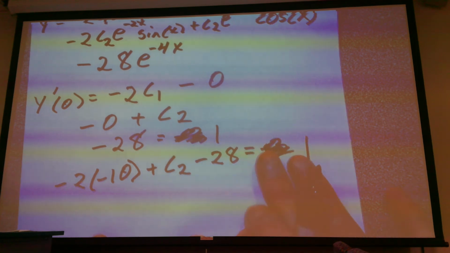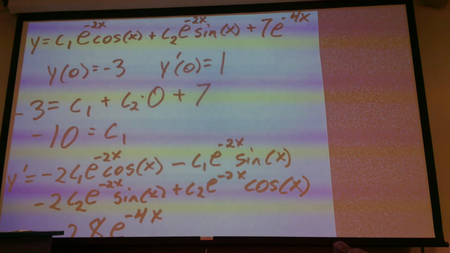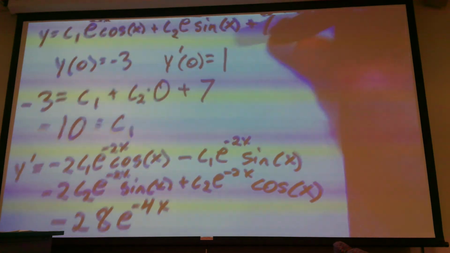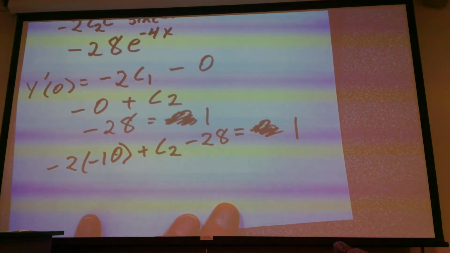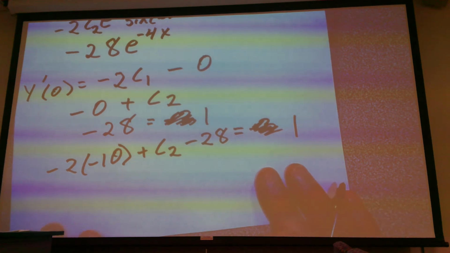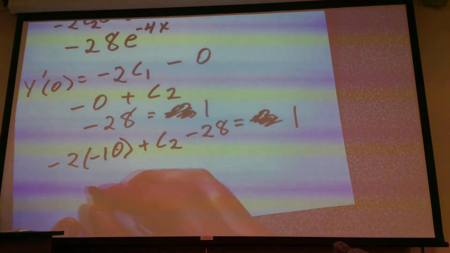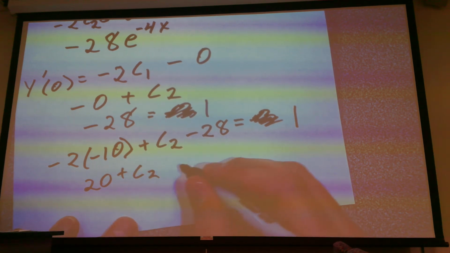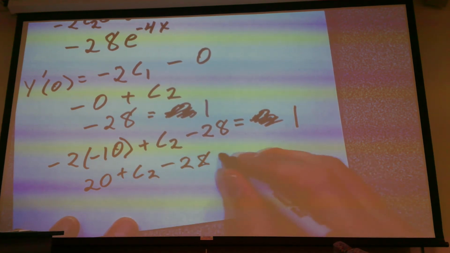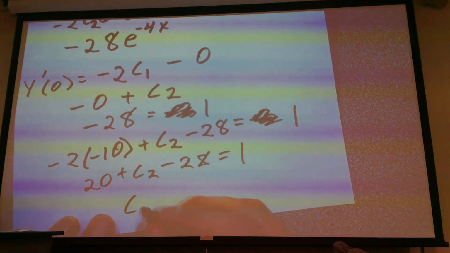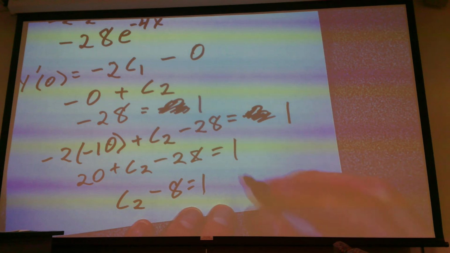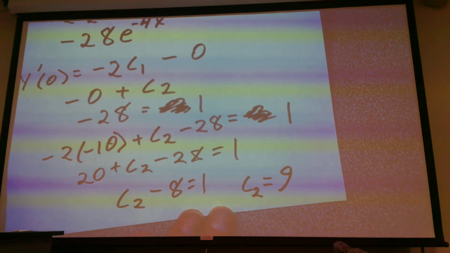Because it says at the top, and if we scroll back up, y prime of 0 equals 1. So it should be 1 at this point and not 3. Excuse me. Okay. So that's a positive 20 plus C2, and then minus 28 equals 1. And so C2 minus 8 equals 1, or that C2 equals 9.